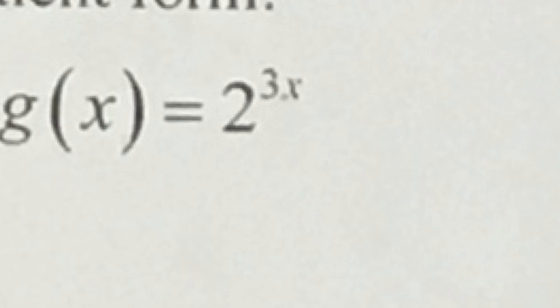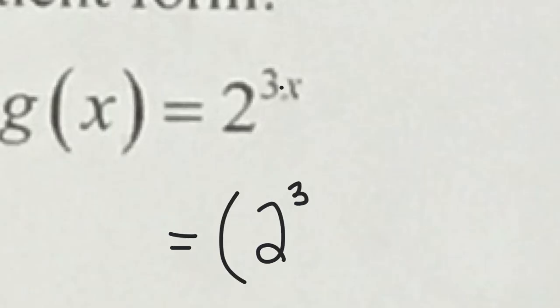Okay, here we have 2 to the 3 times x power, right? 3 times x. So we can rewrite this as 2 to the 3 times x, right? 2 to the third, that's our number, raised to the x power. Right? That was that property up above. If we have a number raised to a power, then we multiply these two things together.